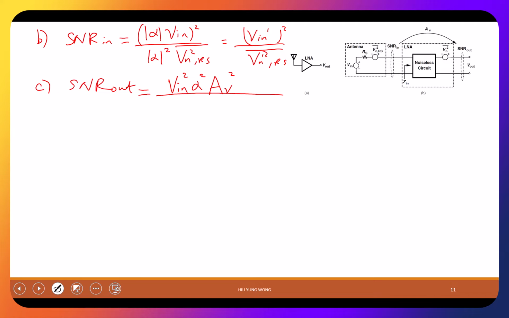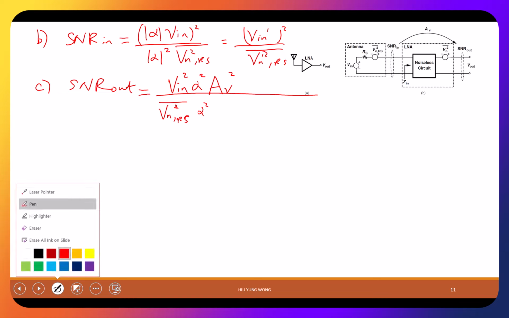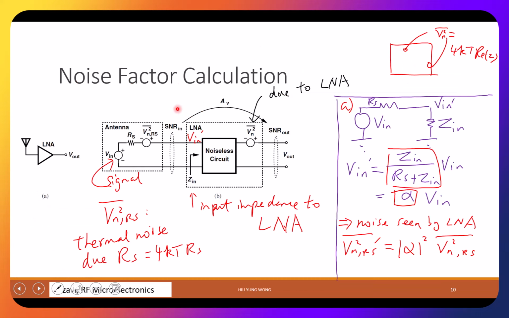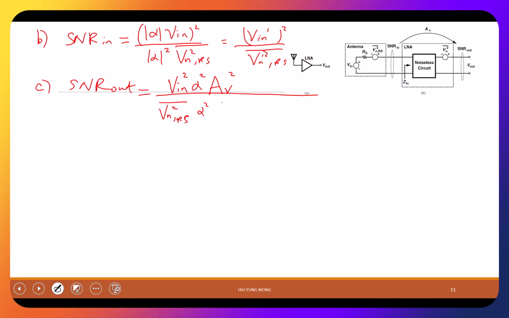But how about the noise at the output? It works the same way as the signal. I have Vn square Rs, which is the original noise due to the source impedance, times alpha square, which is how much goes into the noise, and then it gets amplified by the amplifier.